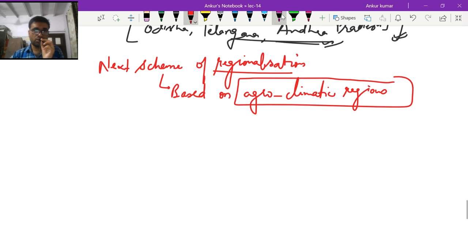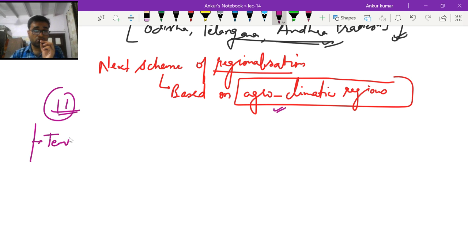Now, let us first discuss a little bit about the agroclimatic regions. In the first segment, we divided India into 11 different regions on the basis of the first ranking crop, but that was more of a descriptive concept. It was not taking into account other factors of a region, the capability of a region.